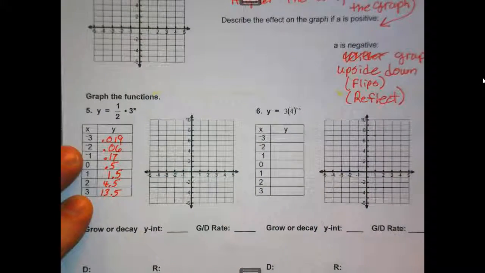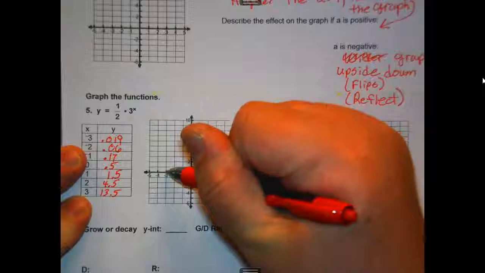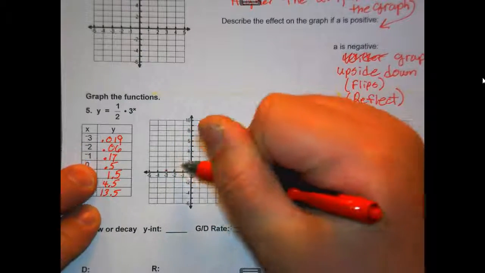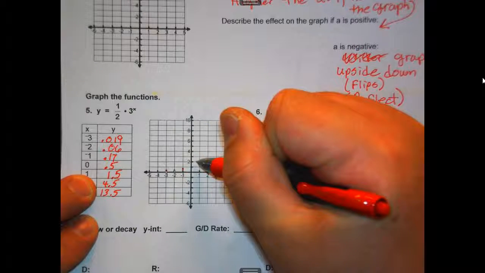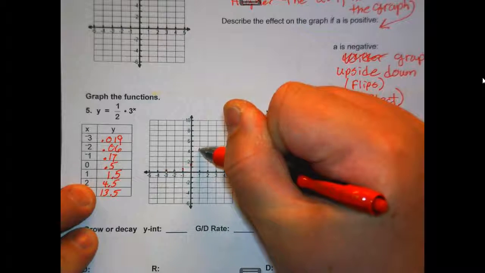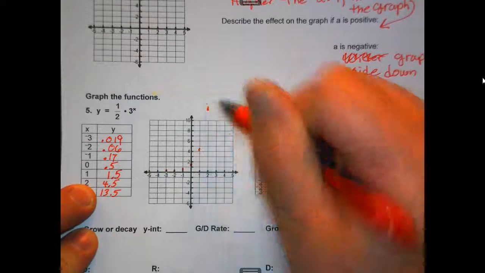Let's graph this. So real close to the x-axis, a little less closer. 1/2, 1.5, 4.5, and 13.5.